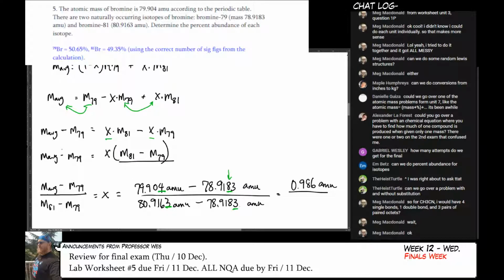So I'm going to round to that spot. And yeah, you're going to have a different number of sig figs for the top and the bottom. But that's okay, because you're doing division and it's easy to resolve. So 80.9163 minus 78.9183, and I get 1.9980.